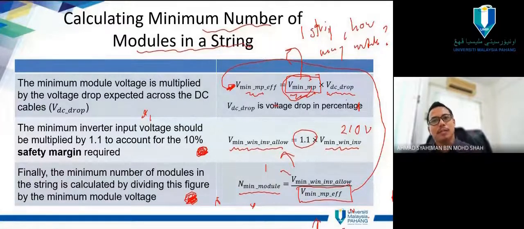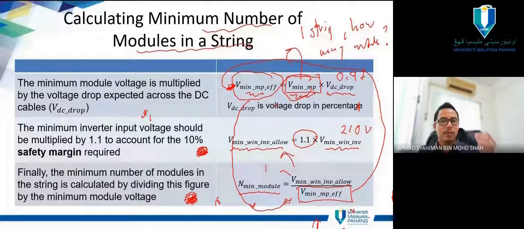Like I told you, maximum allowable voltage drop for the PV system is 3%, based on the MS 1837 2018 standard regulation. So maximum 3% means 1 minus 3%, 0.97. Then we are going to get the Vmin MPP effective. Yang ni yang kita akan masuk kat sini. Then kita boleh kira, we can get the value of the minimum number of modules in one string.